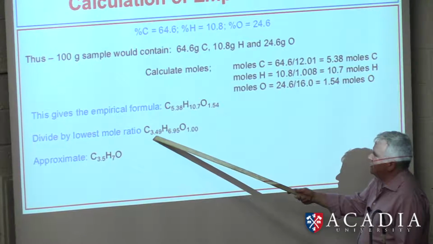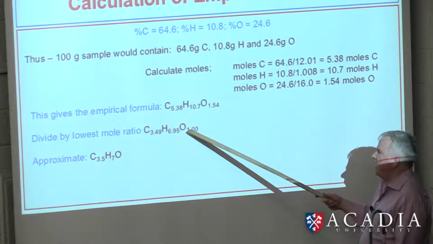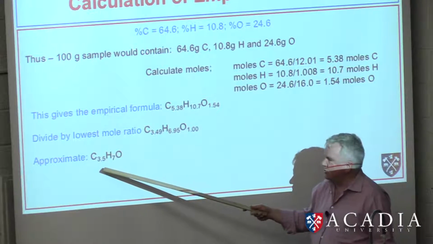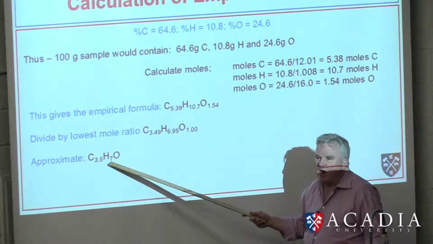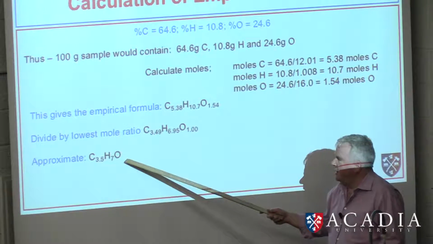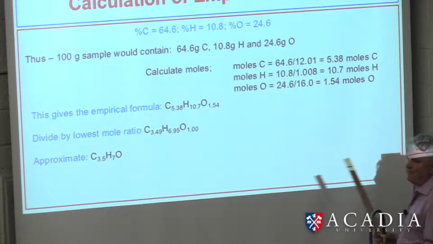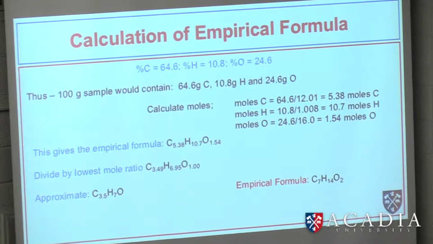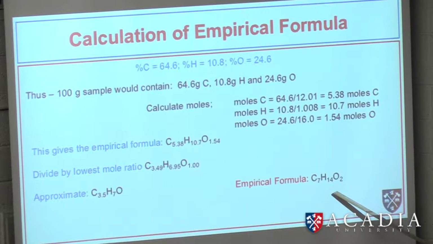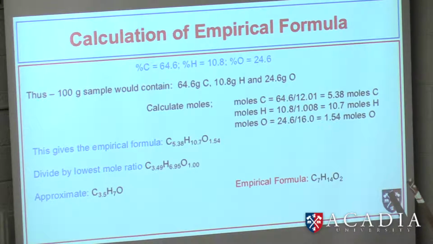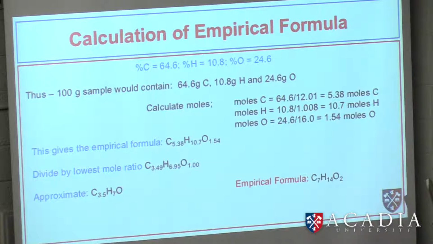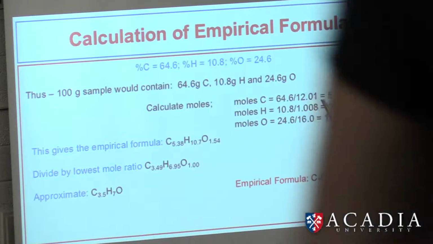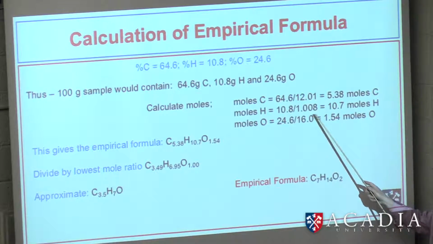Now notice we have C3.49, H6.95, and O1. Still doesn't make sense, but that's very close to this, right? We're going to be off a little bit because of experimental error. We cannot have half a carbon atom, so we're just going to double this, and our empirical formula then becomes C7H14O2. It's that easy. One of the things you want to remember when you get these problems is just assume you have 100 grams, break it down into this, divide by the atomic masses.